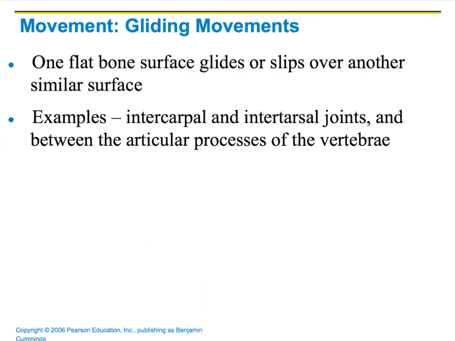All right, the rest of this PowerPoint deals with the various movements that occur between different types of synovial joints. The most limited kind of movement is termed the gliding movement, and it's what occurs in between the little marbles in your wrist and in your foot. This movement is almost unnoticeable.